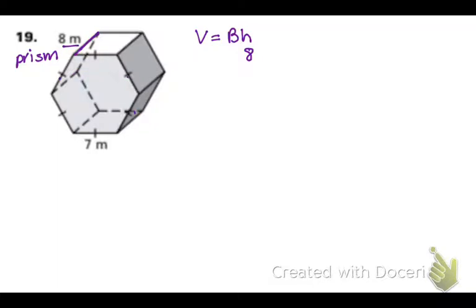In order to find that, you have to remember that the area of a hexagon, or any polygon, is equal to 1/2 the perimeter times the apothem. So let's work on the perimeter first. We know one side is equal to 7.